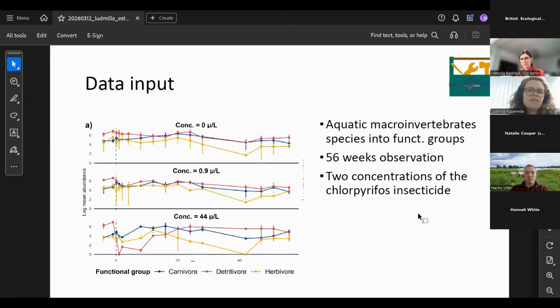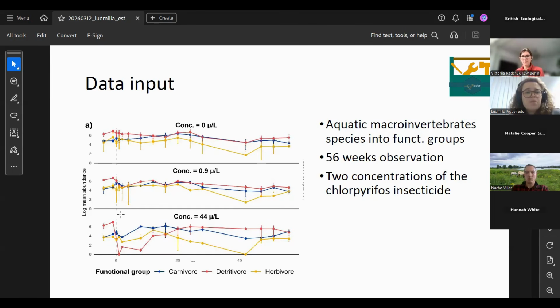And we applied different concentrations of an insecticide. So here at this vertical gray line, we can see when the insecticide was applied. And we followed this group for 56 weeks, sorry.